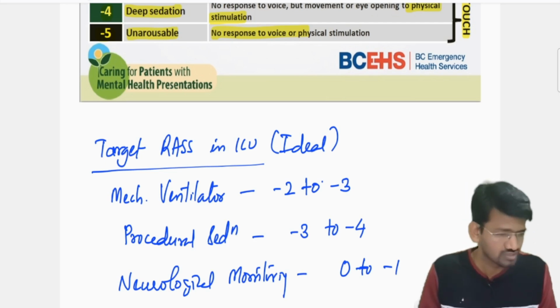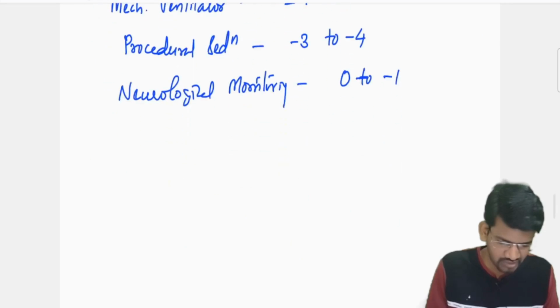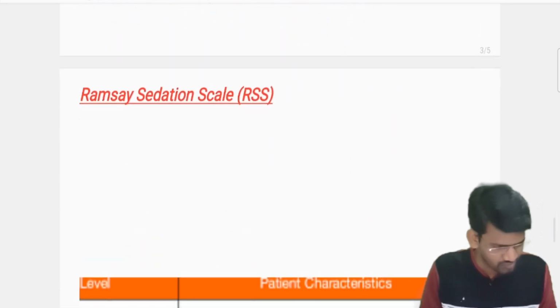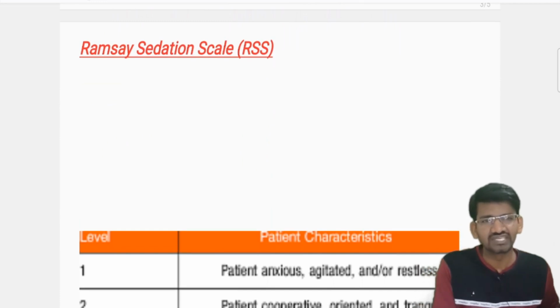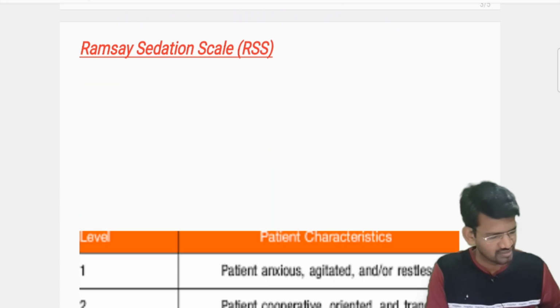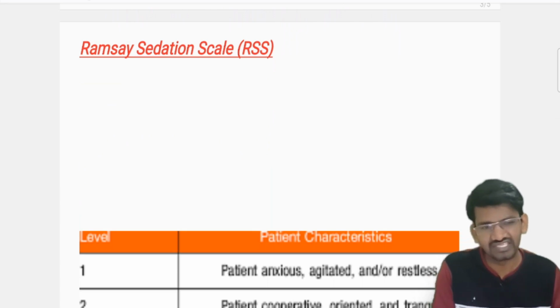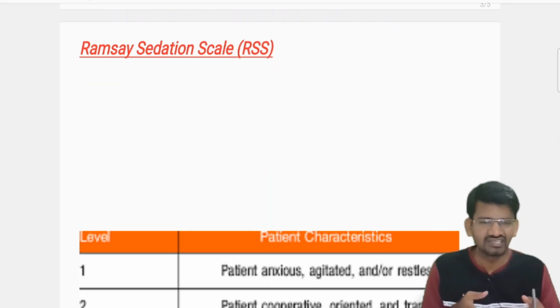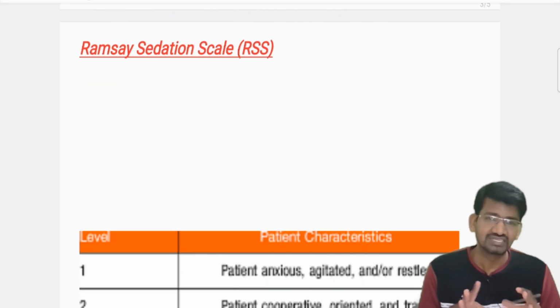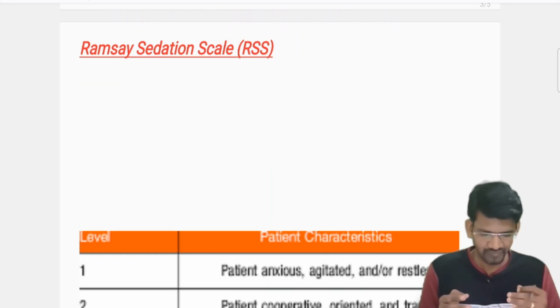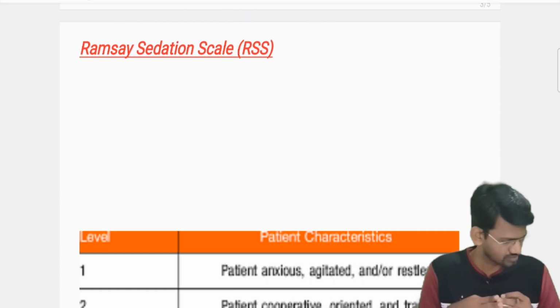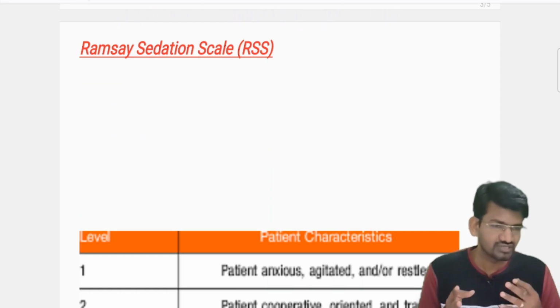So this is all about the RASS. And there is one more scale, we call it the Ramsay Sedation Scale. The name itself indicates a sedation scale. In this scoring system, we assess just the sedation levels, not the agitation level. It is a very simplified level of consciousness assessment for patients who are receiving sedation.